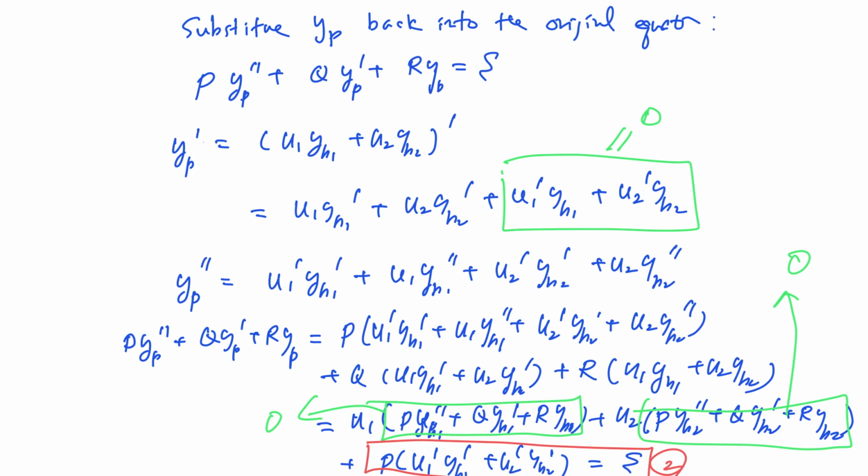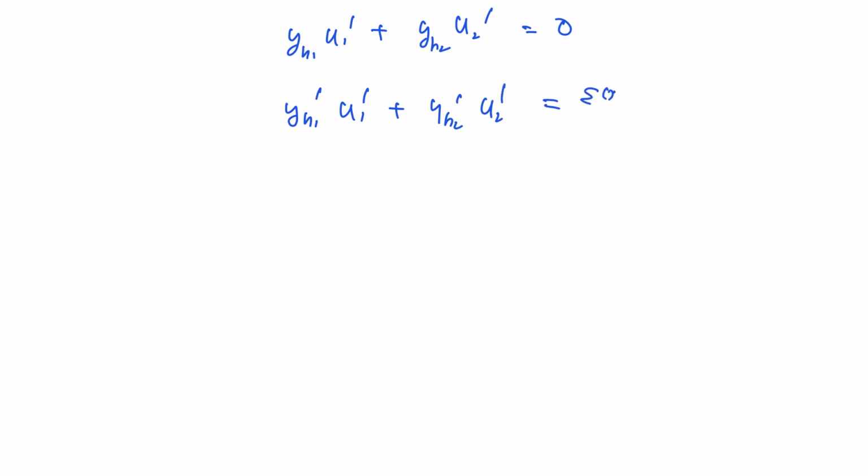So we have yh1 u1 prime plus yh2 u2 prime is equal to 0, and yh1 prime u1 prime plus yh2 prime u2 prime is equal to S(x) divided by P(x). Of course, P(x) is not equal to 0. So we have two equations and two unknowns.